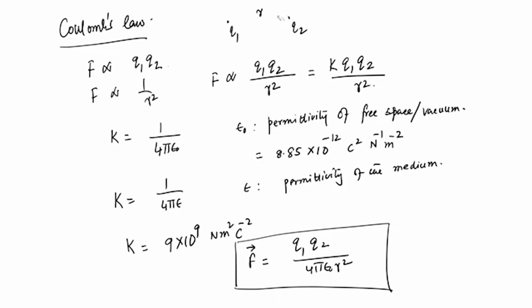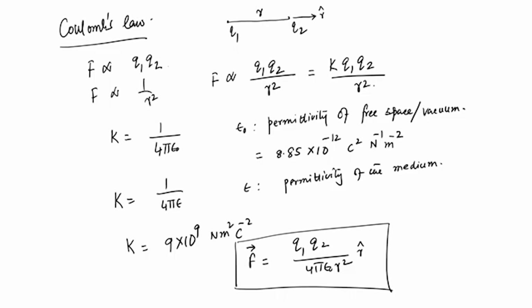If you allow me to redraw this line, this is that distance, and the direction of the force is in the r cap direction, which means it's connecting the two charges. So this is the r cap direction, and this is the direction of the force, which is along the line joining the two charges.